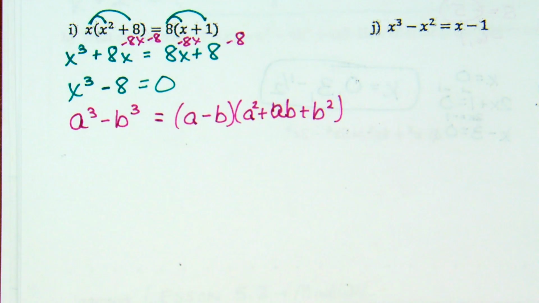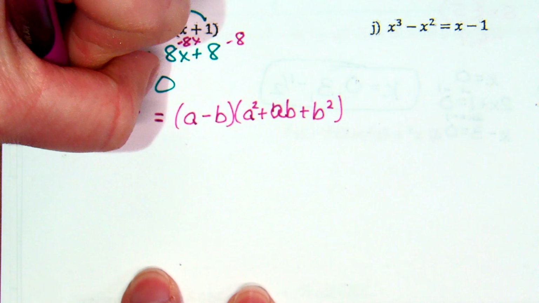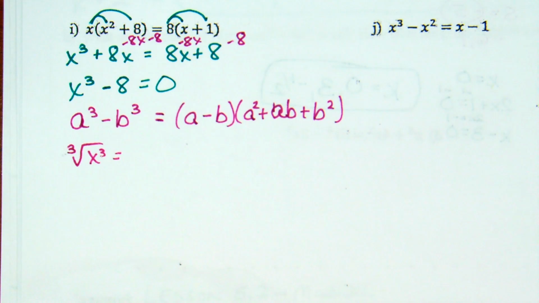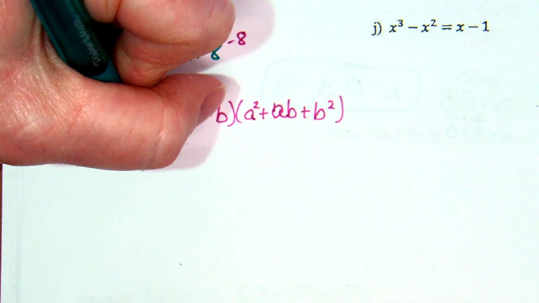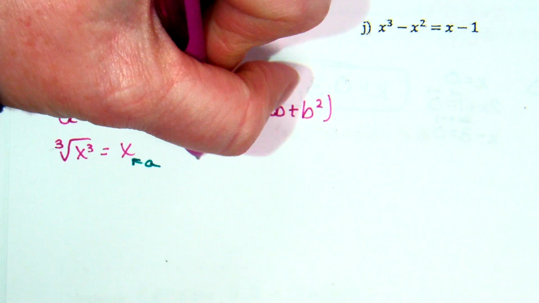X. So every time we see an a, we're going to replace it with x. Do the same thing for the other term. It's 8. What's the cube root of 8? Just go with 2. And that 2 is going to go in place of what? That's your b value.